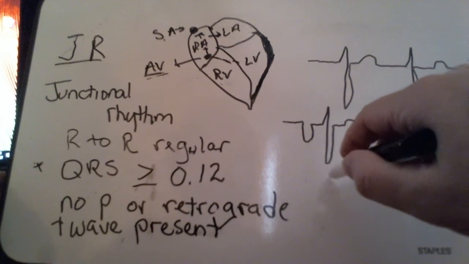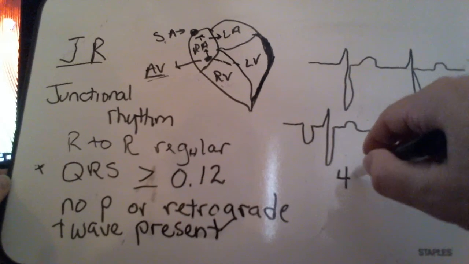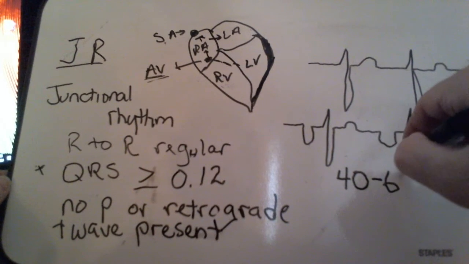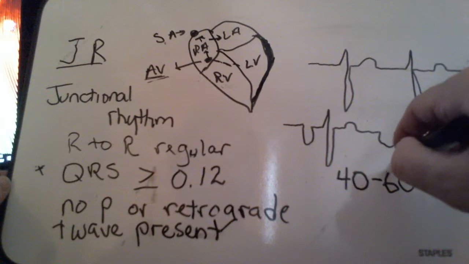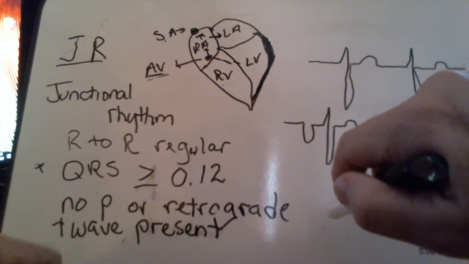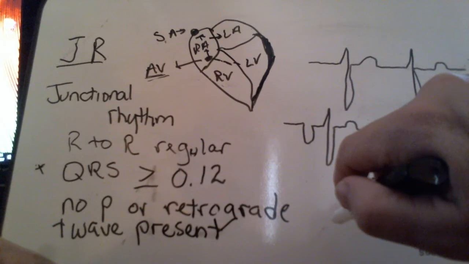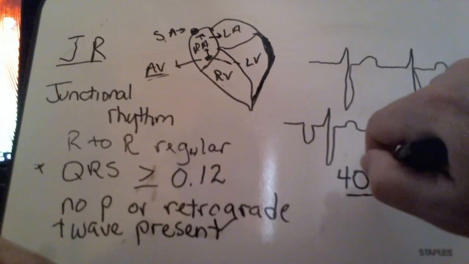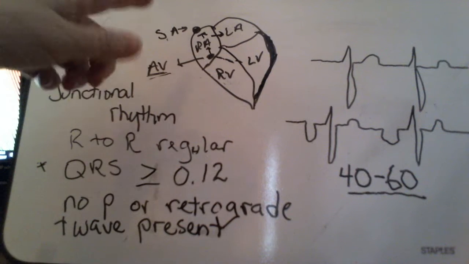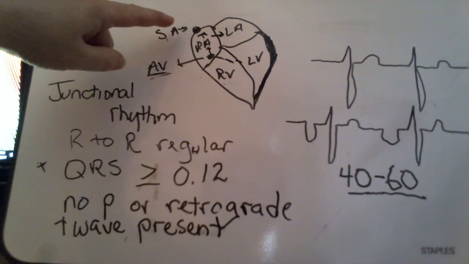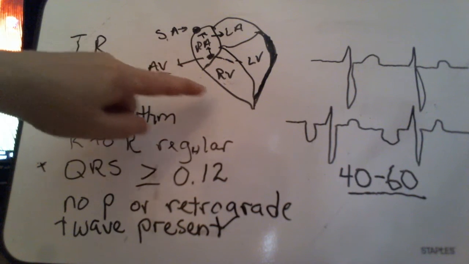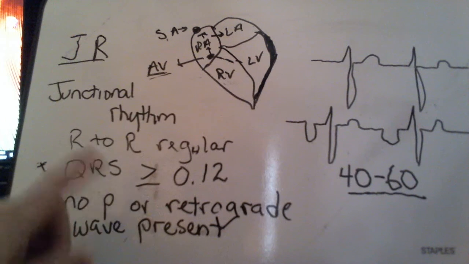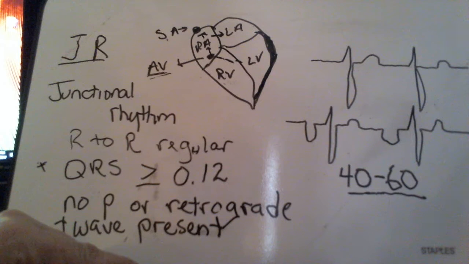So your intrinsic rate of 40 to 60 means a junctional rhythm's rate is going to be 40 to 60 because that's the normal rate that the junction can fire at. Under normal conditions, it's going to have a rate of 40 to 60. So it's a little bit slower. Remember, SA 60 to 100, AV 40 to 60, and when the ventricles do the firing, it's 20 to 40. So a junctional rhythm is going to be a little bit slower.